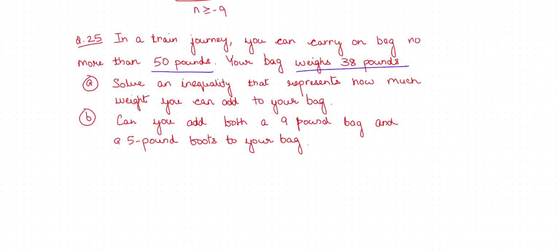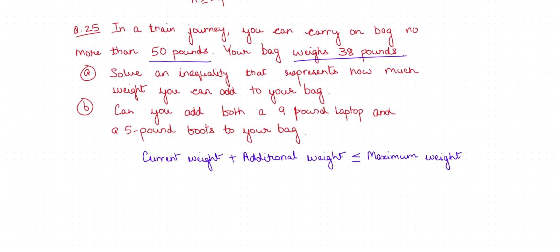So let's write an inequality. Current weight plus additional weight should be less than the maximum weight. Maximum weight allowed is 50 pounds, and it can be equal or less than, because no more than means less than or equal to.